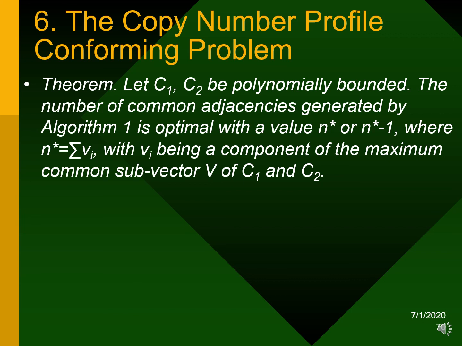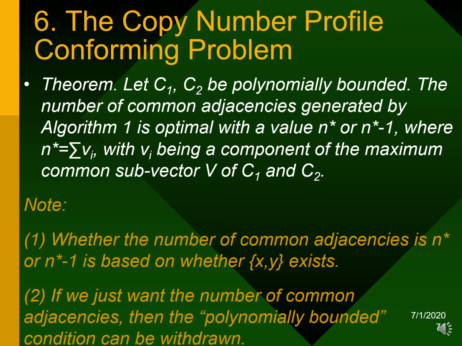The number of common adjacencies generated by the algorithm is optimal, with a value either n star or n star minus 1, where n star is the summation of all the elements in the maximum common subvector V of C1 and C2. As I just said before, the reason we could have the optimal value being n star or n star minus 1 is based on whether this x, y exists.